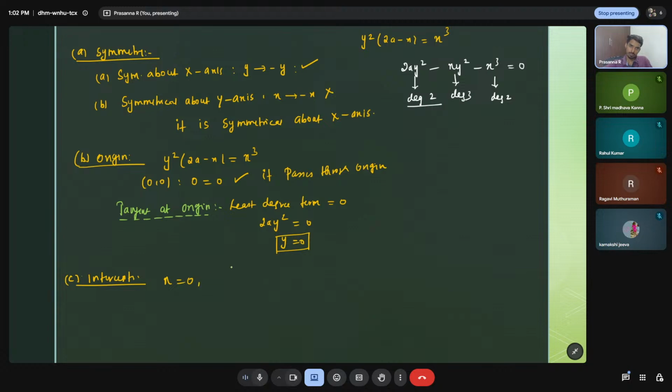So when x is 0, what will be y? 2a minus 0, y square is equal to 0. That means y is 0. When y is 0, your x will be... Any mistake I have made?